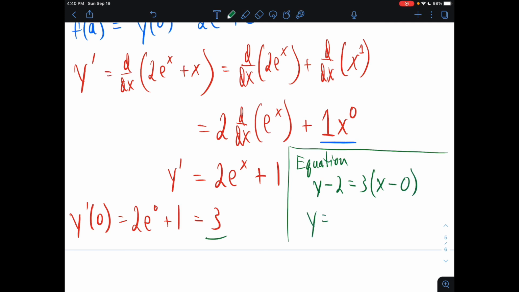And if we simplify by getting y all by itself, then we get y equal 3x plus 2. And again, we could use point-slope form or we could use slope-intercept form. Either way is fine.